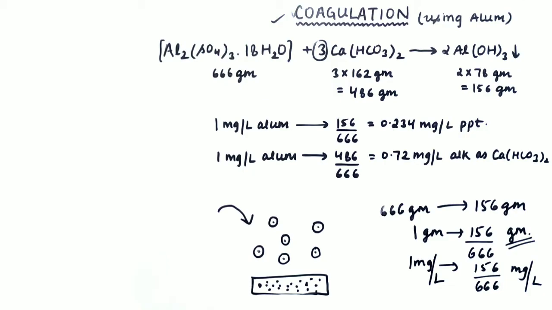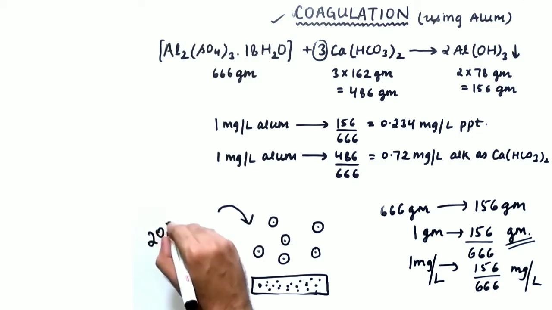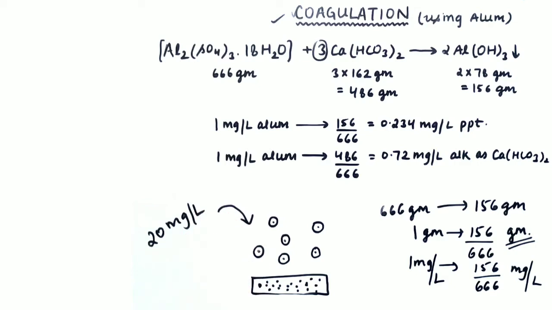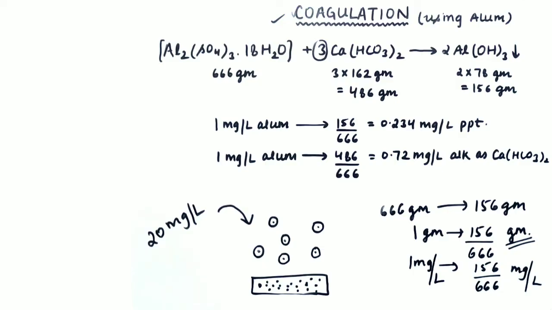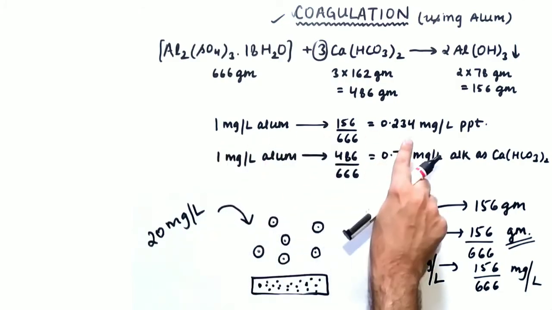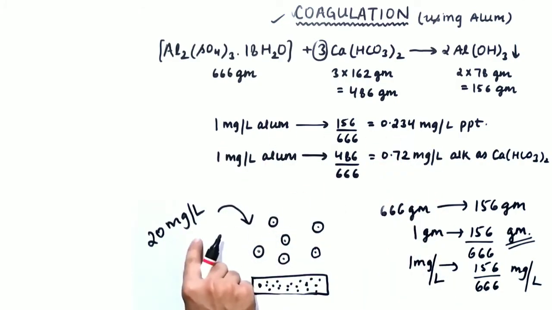Now suppose in the question the examiner says we have given a dose of 20 milligram per liter of alum in the coagulation chamber. Now what will be the amount of precipitate that needs to be disposed of? So you simply have to multiply 20 with 0.234, because 1 milligram per liter gives this much precipitate, so 20 milligram per liter will give 20 multiplied by 0.234 milligram per liter of precipitate.